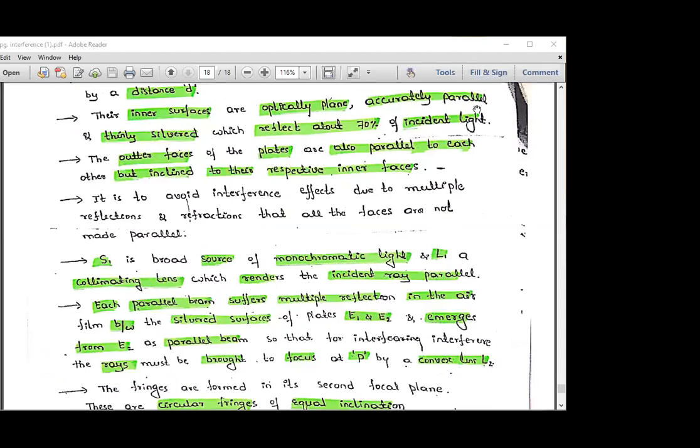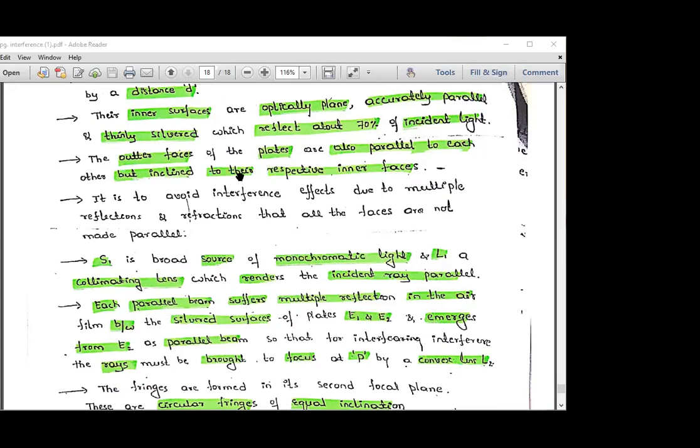Because of this, the thickness of the air film between the glass plates is the same. They are silvered. The silvered surface reflects about 70% of the incident light, whereas the outer surfaces of the plates are also parallel to one another but inclined to their respective inner surfaces.